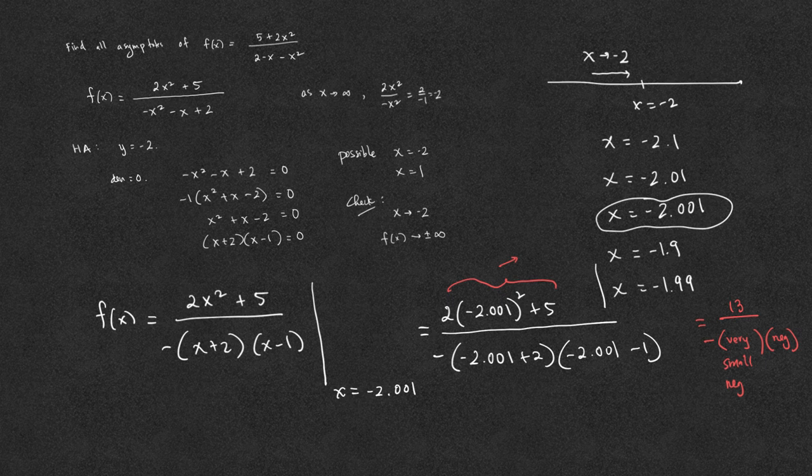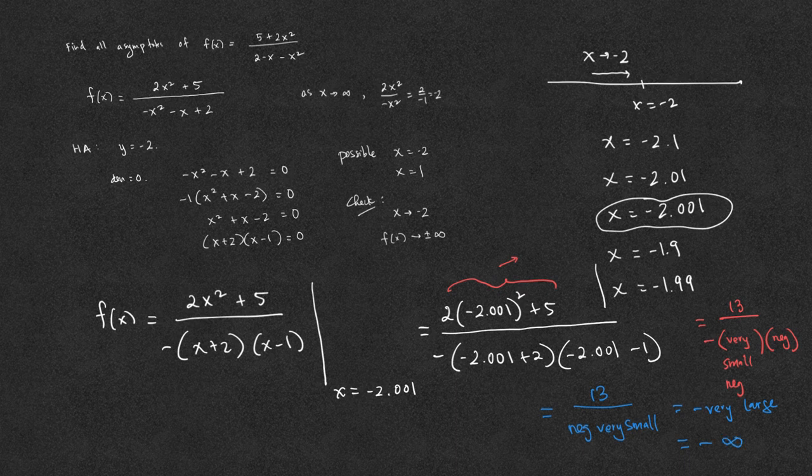And so the sign in the denominator will be negative, and the denominator is a very small number, negative, very small. And so 13 divided by a very small number is a very large number, which is still negative. And we denote a very large number at infinity.